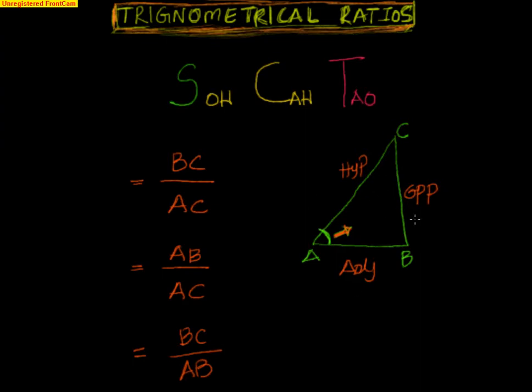Now what are the trigonometrical ratios I have? S stands for sine, S-I-N-E, sine, but we will write it as S-I-N of angle A. We will say sine of A. This is how we write it.